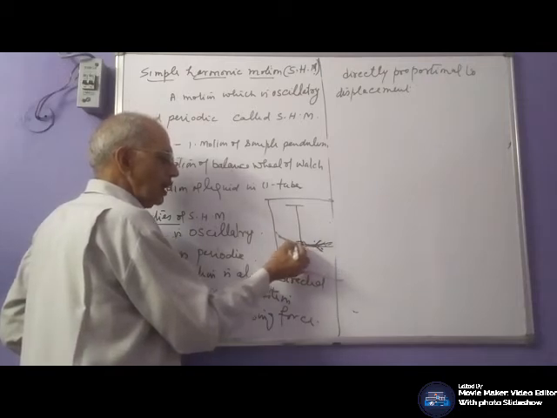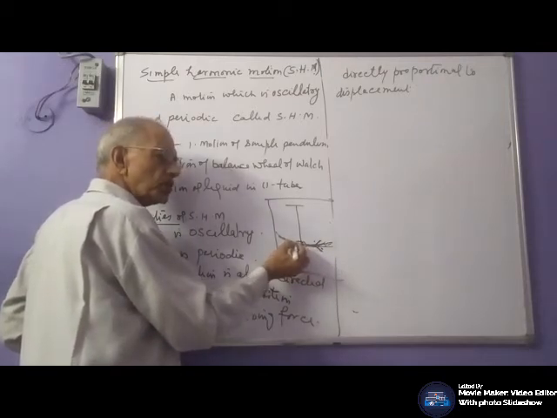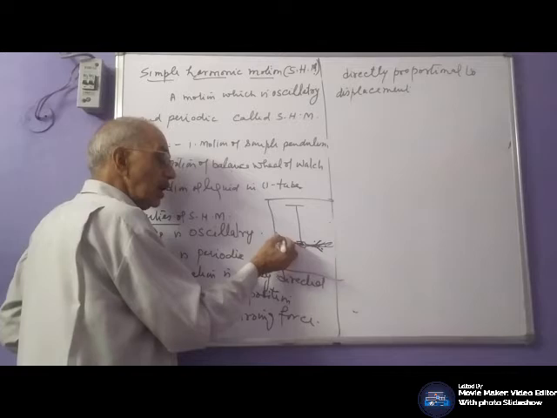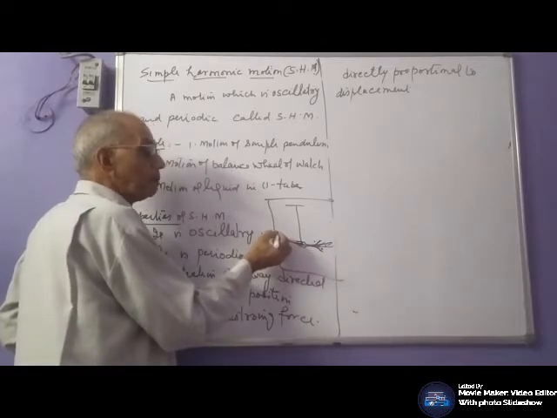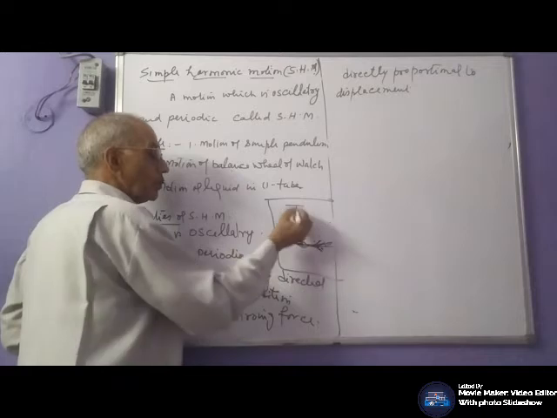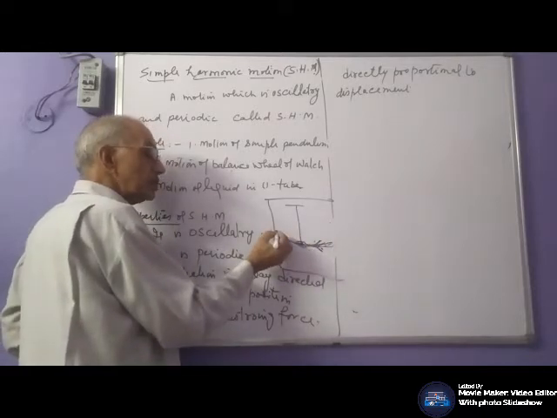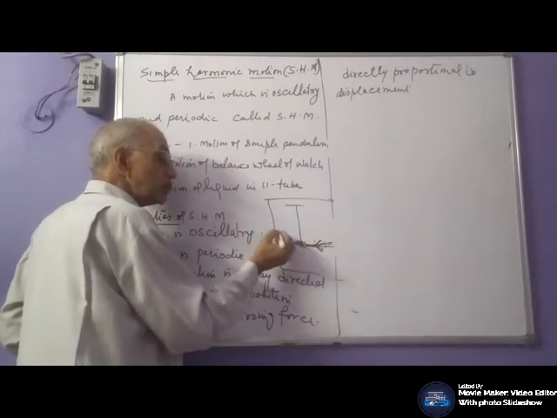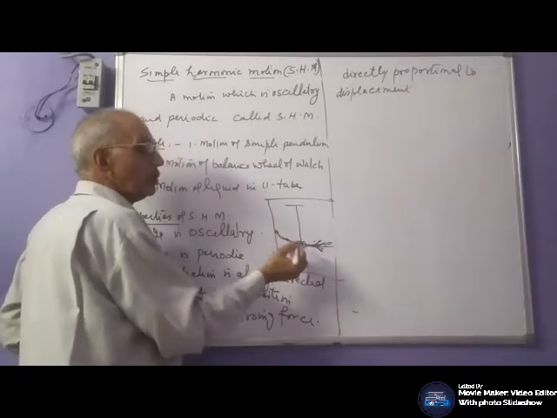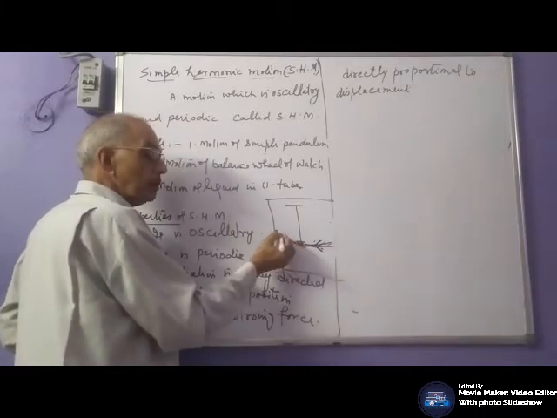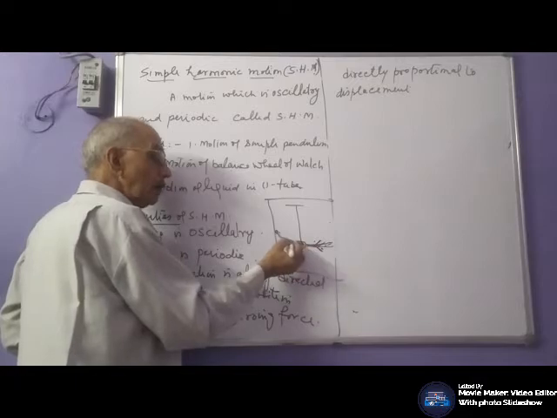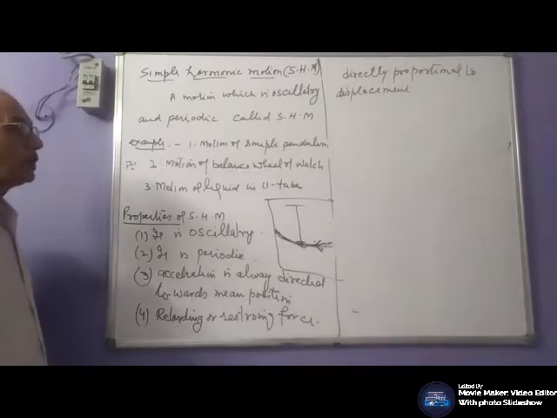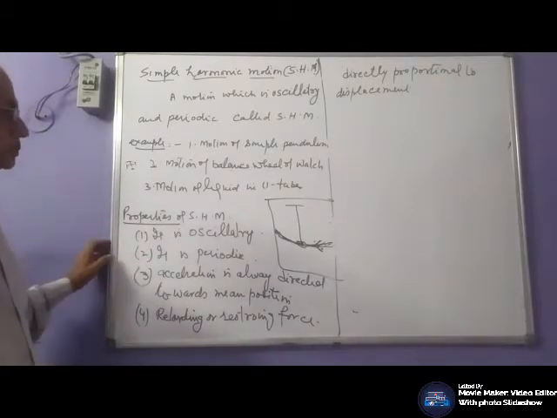Oscillating from here and coming here, the force that wants to bring it back will be less. Coming here it is a little more, and here it will be maximum, that is why it stopped. Mean, extreme, it is stopped, then back. The restoring force which tries to bring it back, or retarding force, retardation starts from here and will be less here. All of this we will prove. So these are the properties of S.H.M.